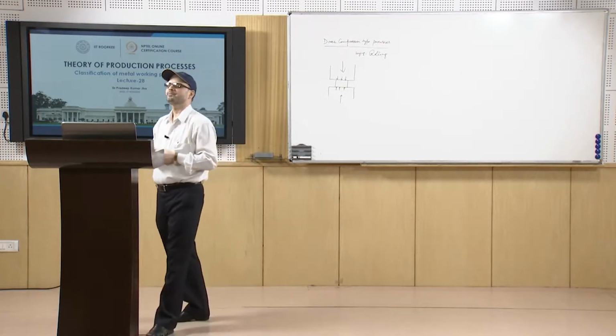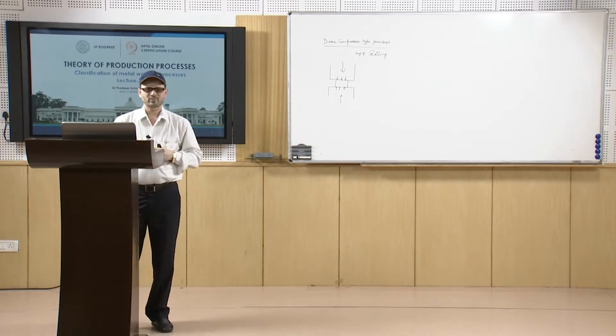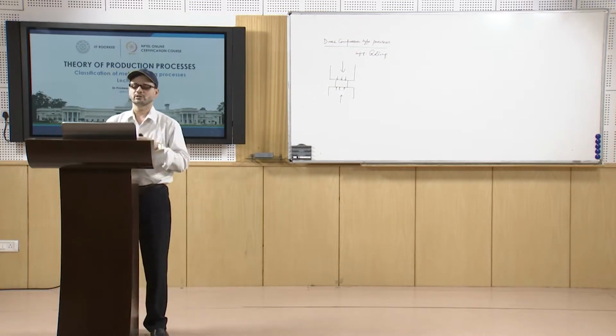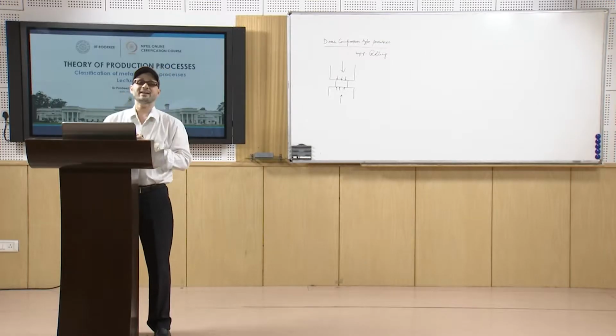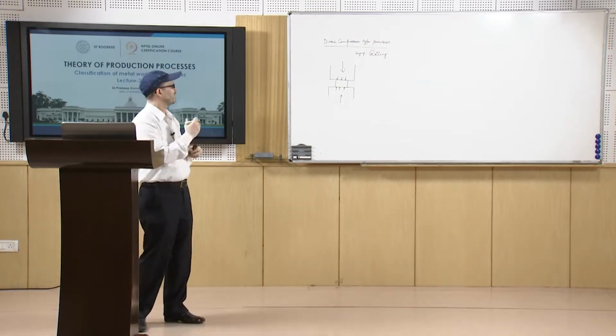So you have examples like wire drawing, extrusion, or deep drawing. These are examples of indirect compression type processes.